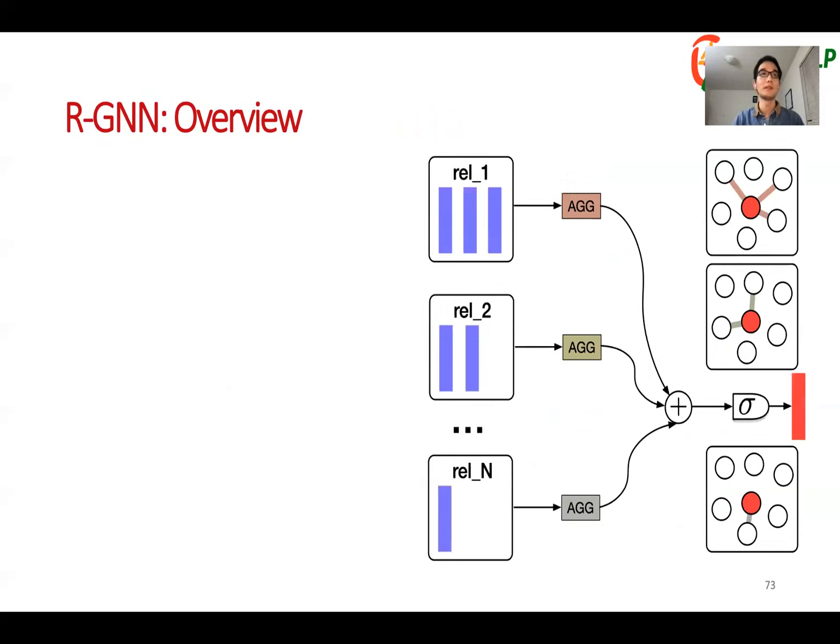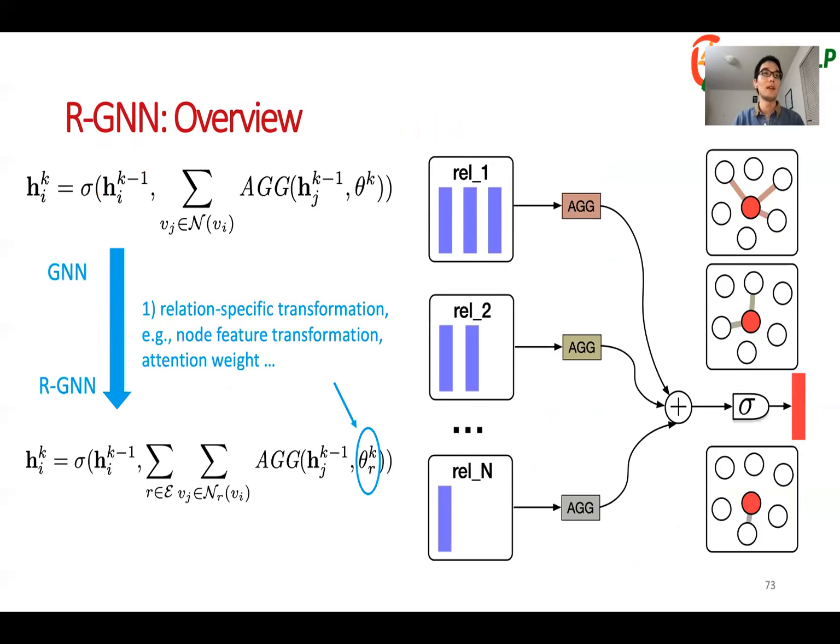It has two features. It introduces relation-specific transformation, for example, the node feature transformation and attention weight, and it does aggregation per relation-specific subgraph.